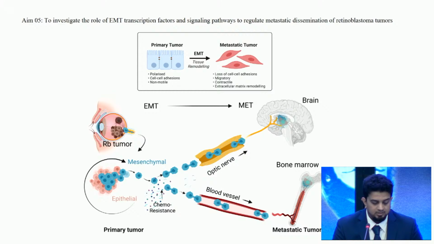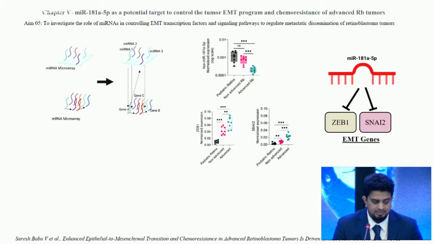So to further understand the EMT transitional program, using multi-omics, again, we profile the microRNA microarray and mRNA microarray. And using multi-omics, we try to understand the association between microRNA and the gene expression. And the key finding of this chapter is we find microRNA 181A5P to be significantly downregulated in advanced retinoblastoma tumors.